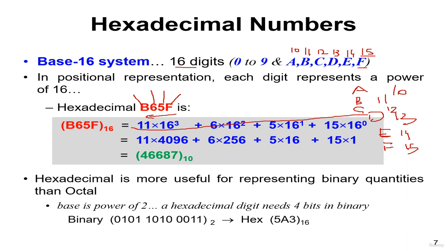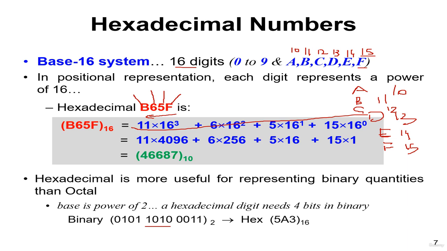So let's say if I talk about this 15, it is basically equivalent to all ones, 1111, which is F. Similarly, if I talk about this A, this is 10, which basically is 1010, right? So we will see how we convert numbers from one form to another, but you should remember why we study the octal and hexadecimal number systems.